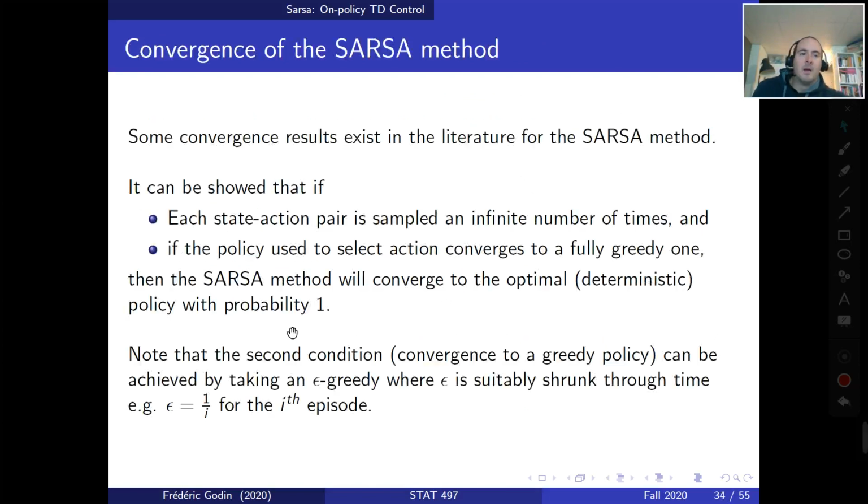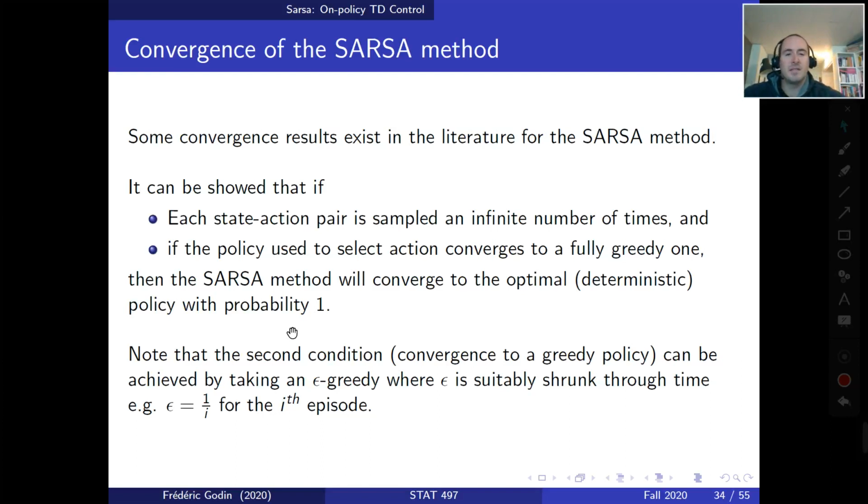Now this algorithm is intuitive, but does it make sense? Do we converge to the true value function? Is it theoretically founded? The answer is yes. There exist some convergence results in the literature.